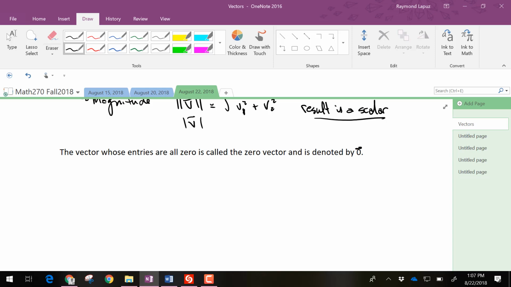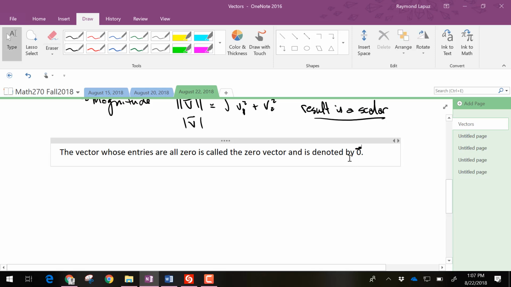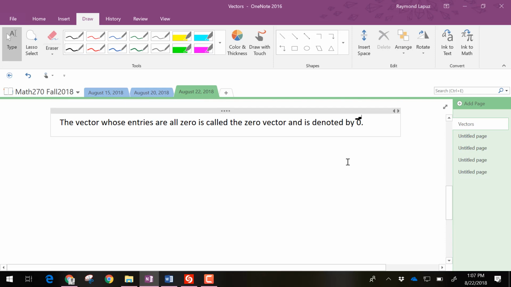But if you see a 0 with a vector arrow on top, then you would have to assume that this is a zero vector. And hopefully from the context of the problem, you would be able to tell what dimension you're working with. So a zero vector is a vector full of zeros.